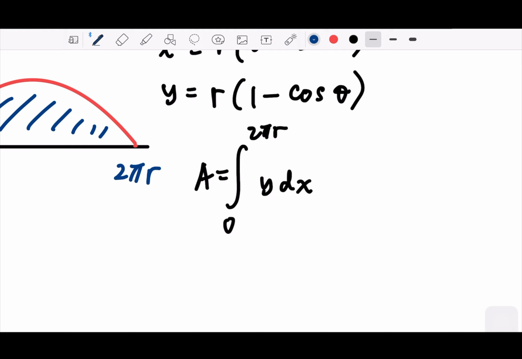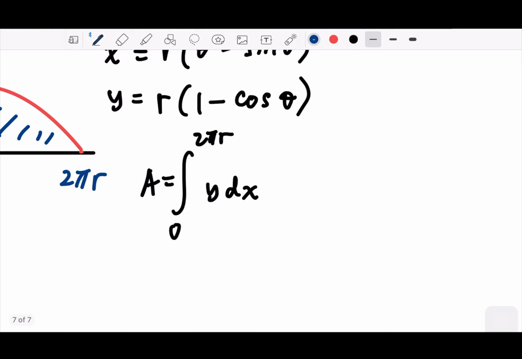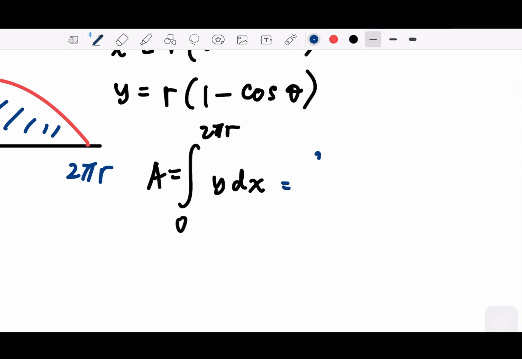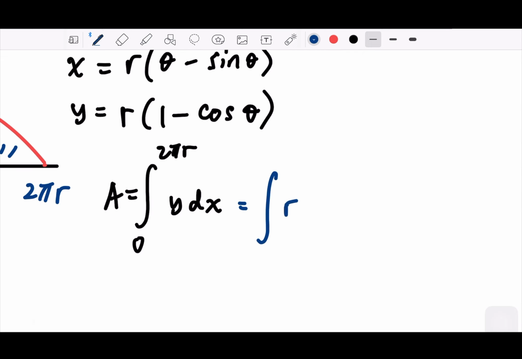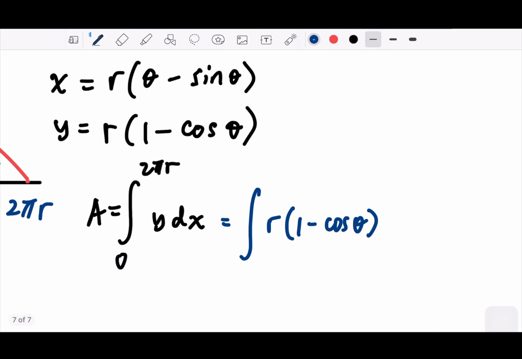So with substitutions, y becomes r(1 minus cos theta), and dx becomes r(1 minus cos theta) d theta, right?